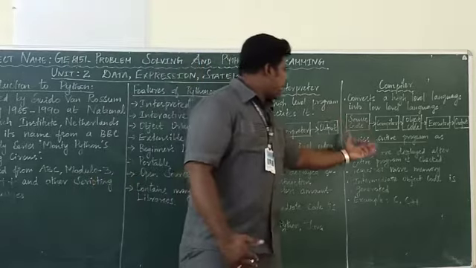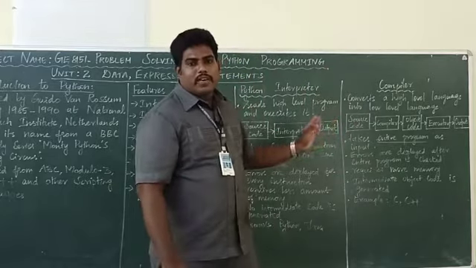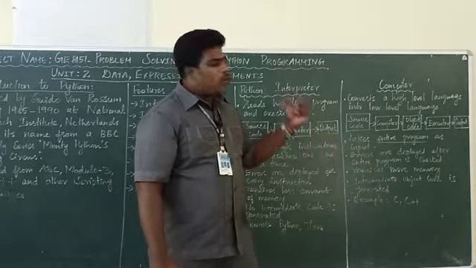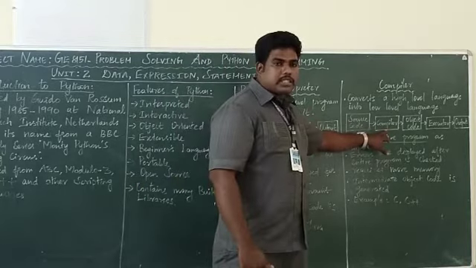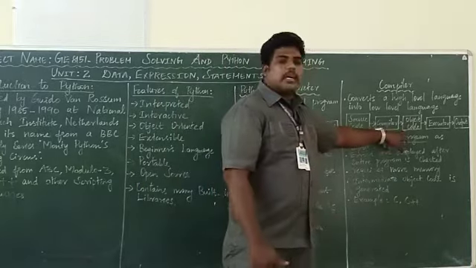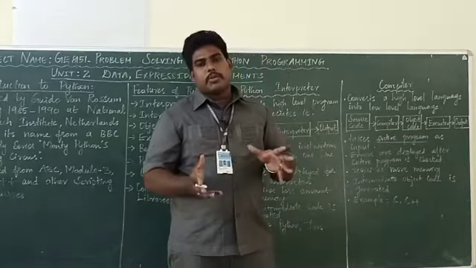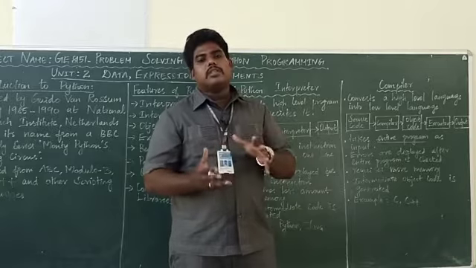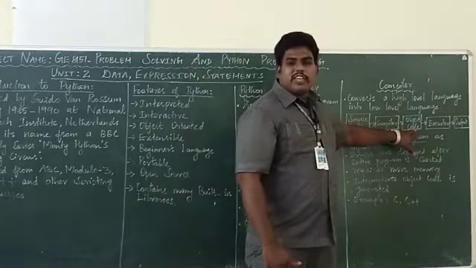Now when you are seeing a compiler, it is also a translator which converts the high level language into low level language. The only difference is, first source code, the compiler translates the source code into an object code. The object code is a machine understandable code like mnemonics and machine codes. Okay. Again here a linker will be there.